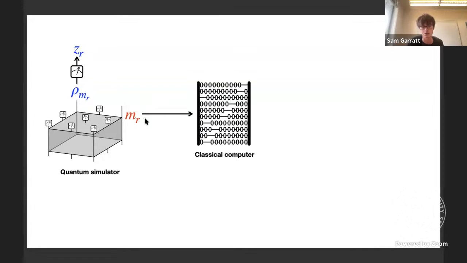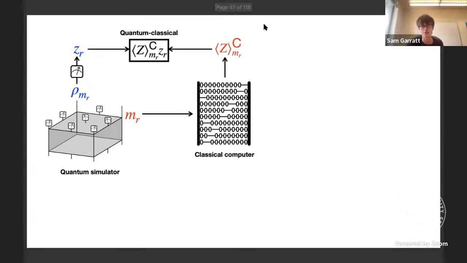We can also throw these measurement outcomes, MR, into a classical computer, here represented by an abacus. By playing with this abacus for some time, you generate this classical expectation value. And now what you can do is you can take the result of the quantum simulation and the result of the classical simulation, multiply them together and average to get your quantum classical cross correlation, and compare this with the classical cross correlation.